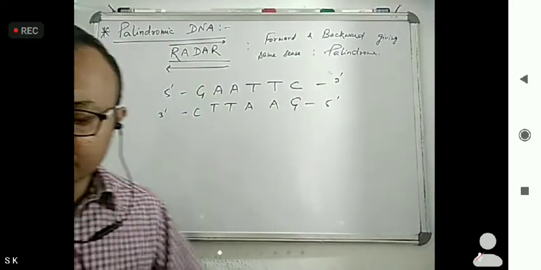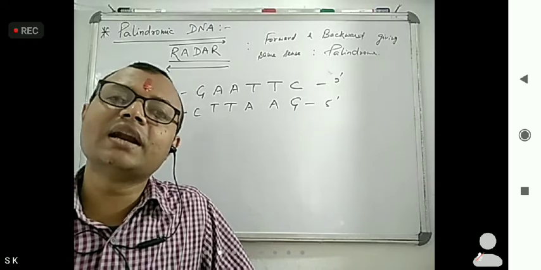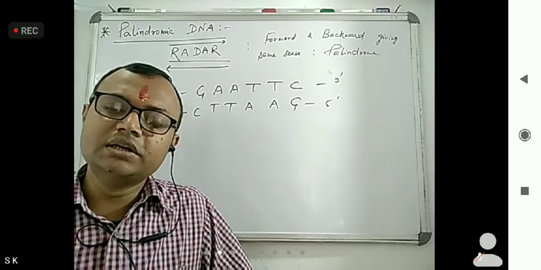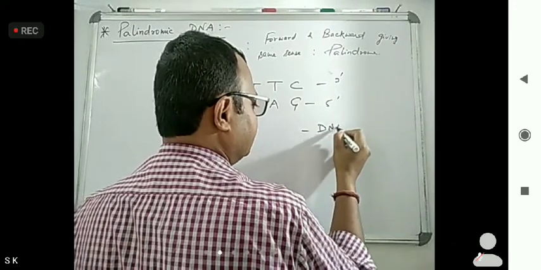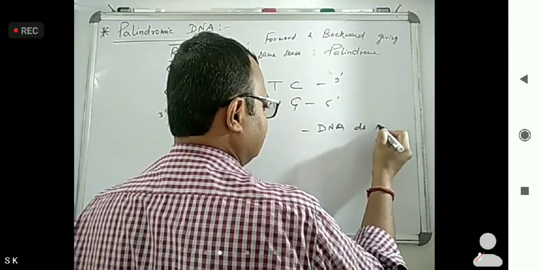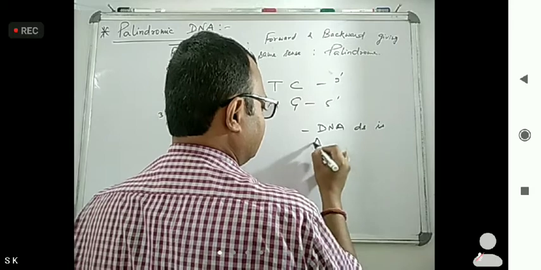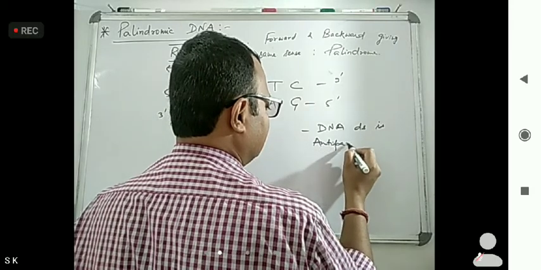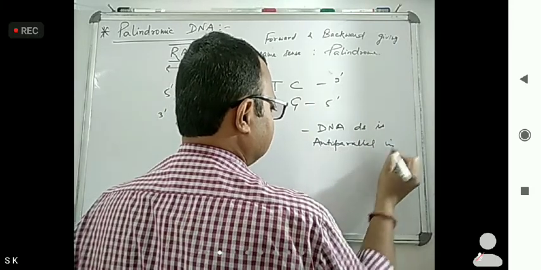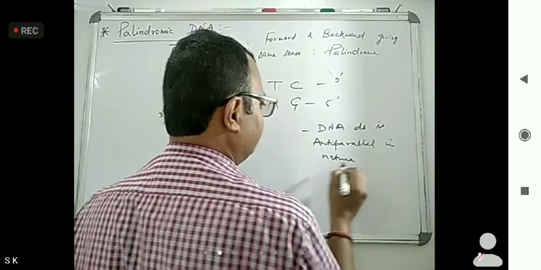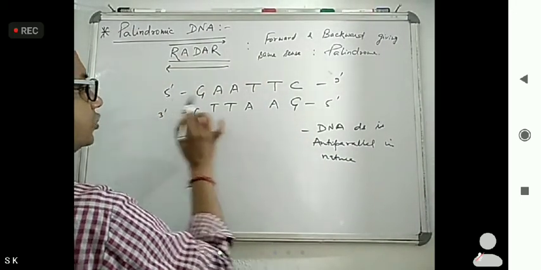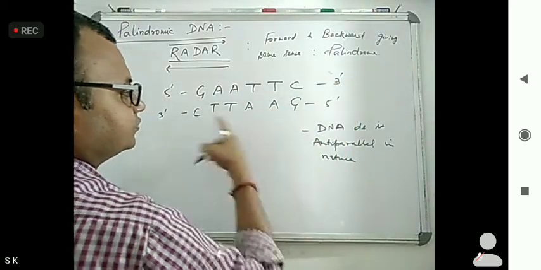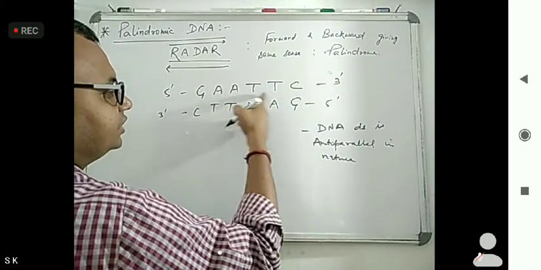Because DNA is anti-parallel in nature when it forms a double strand. What we are seeing here, if we go from 5 prime to 3 prime, is the same sequence GAATTC.